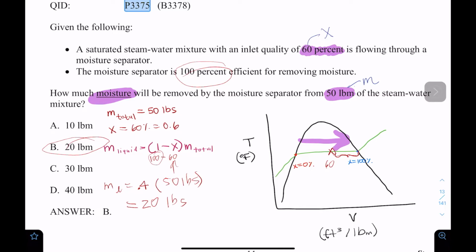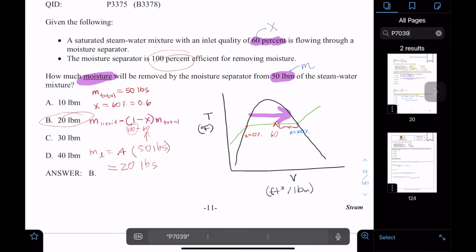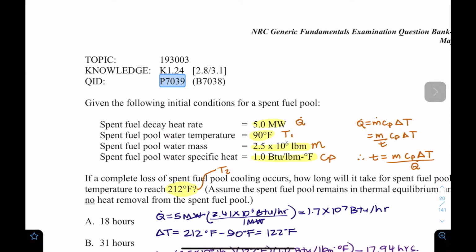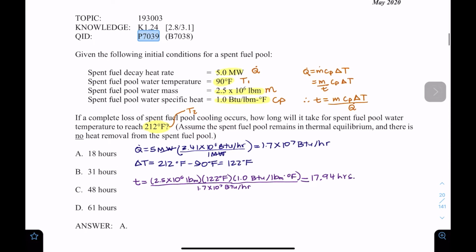So this question is going to be question P7039. And this is a little bit more complex. Not really, it just has a little bit more steps. Nothing that we don't remember from thermal at school.